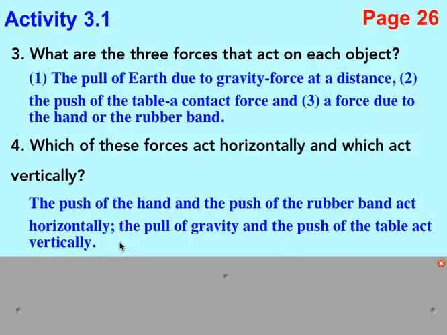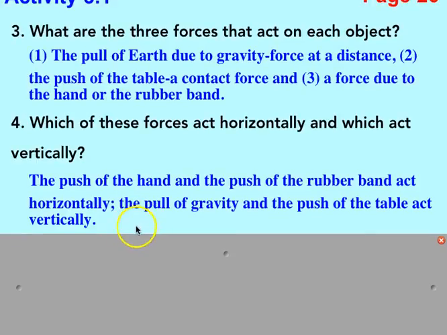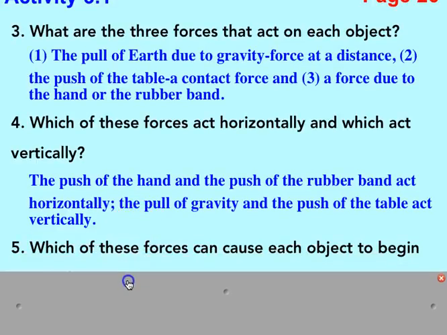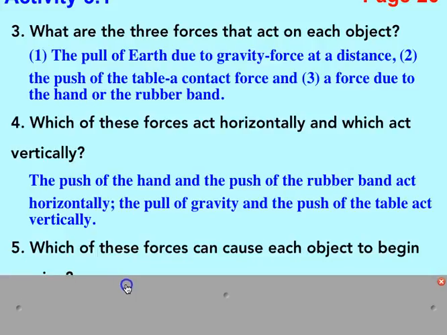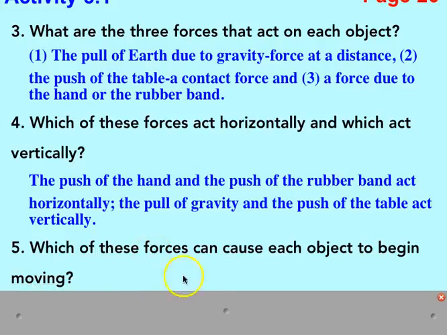So this is important because pretty soon we're going to start to figure out that horizontal forces cause things to move horizontally. Vertical forces cause things to move vertically. So you can't have a horizontal push cause something to move up and down vertically. So being able to answer that question is pretty important. Then the last one, which of these forces can cause each object to begin moving?